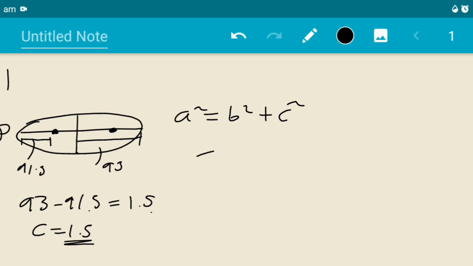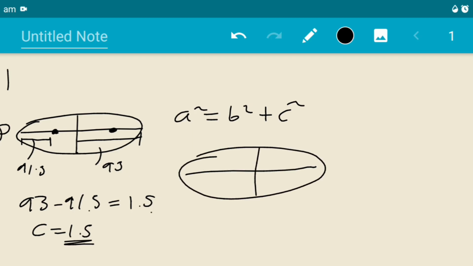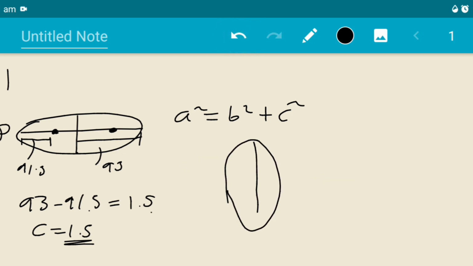Remember, this is the ellipse. A is the distance from here up until here. Then B is the distance from the center up until there. If it were to be tilted like so, then our A would be this distance and this distance. Then our B would be this distance and this distance. Not combined, but this would be negative B, positive A, negative A.